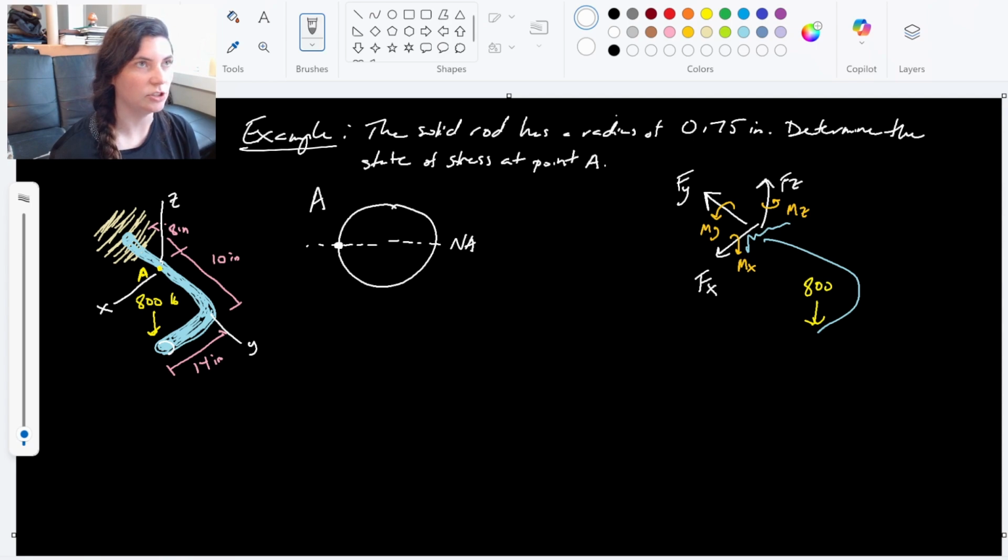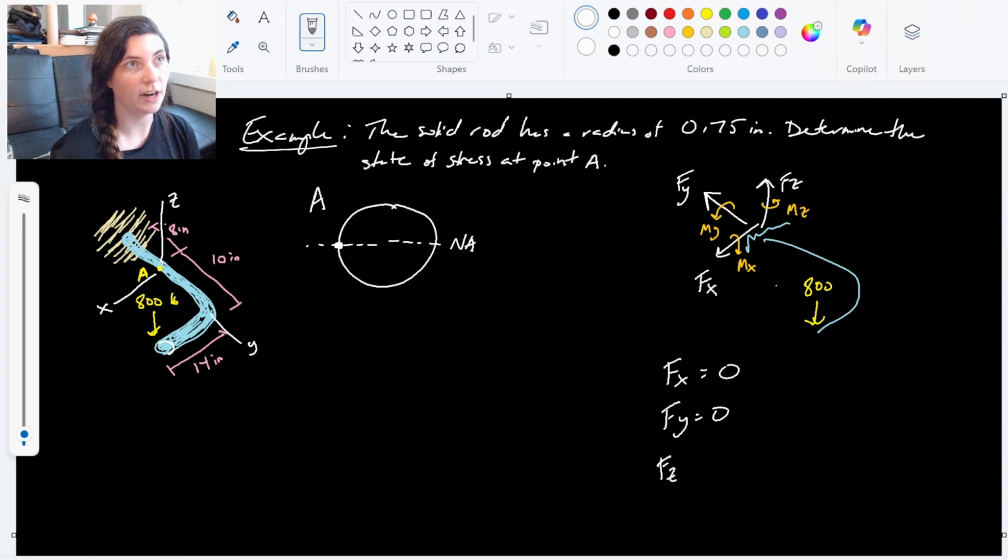So I'm going to go ahead and just write out all these ones that I know, right? So easy enough to start with. Fx, there's no other force in the x direction, so Fx is actually just 0. There is no Fx. And same for Fy. Fy is also 0. The only force we have on here is the 800 pounds.